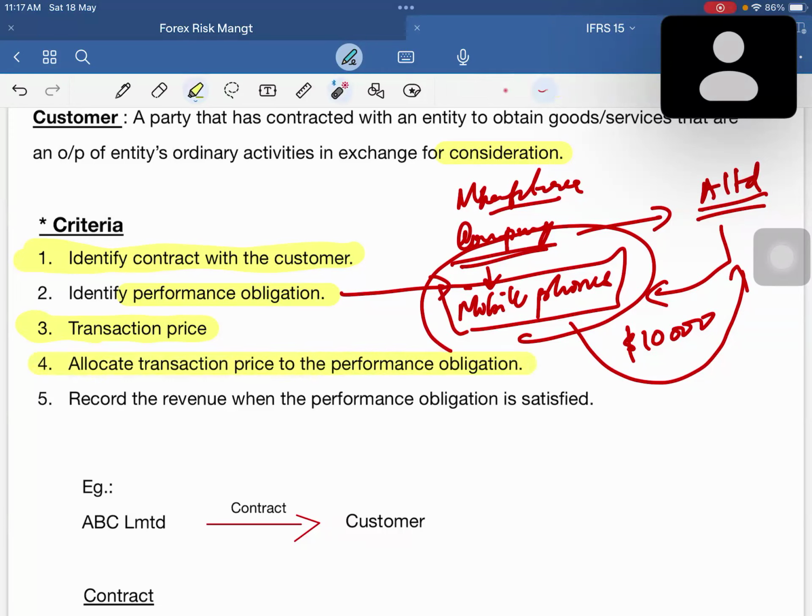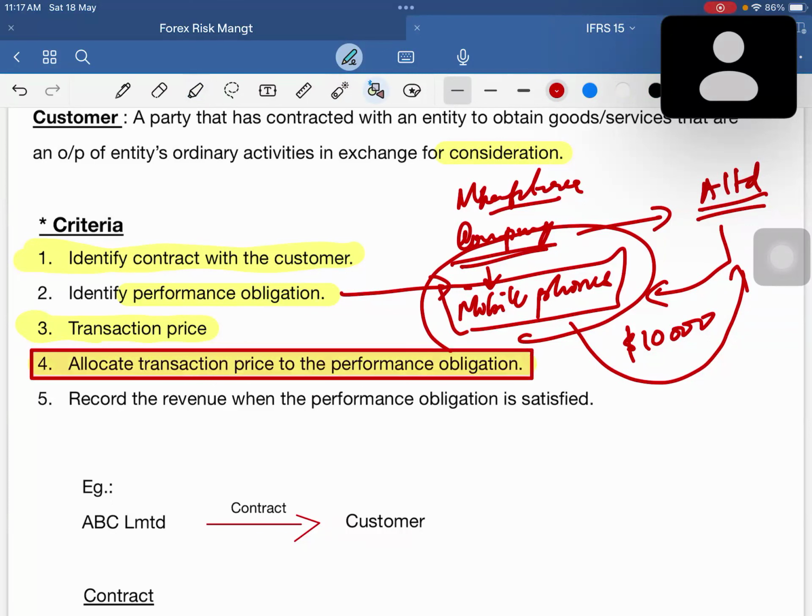See, this particular step, I'm going to give it in a box, and there is a reason for it. Not always does a business provide products at the same price it has fixed, right? Sometimes it might give things for offers, it might discount things.